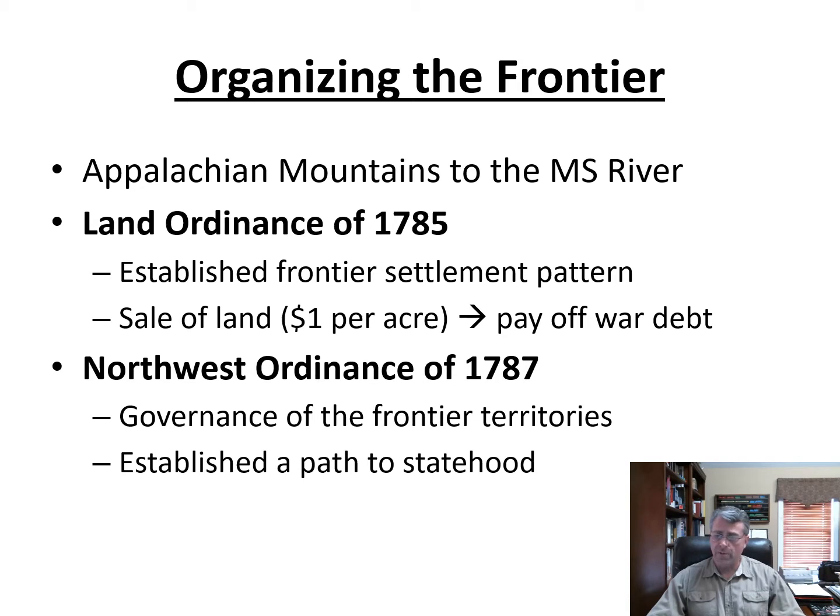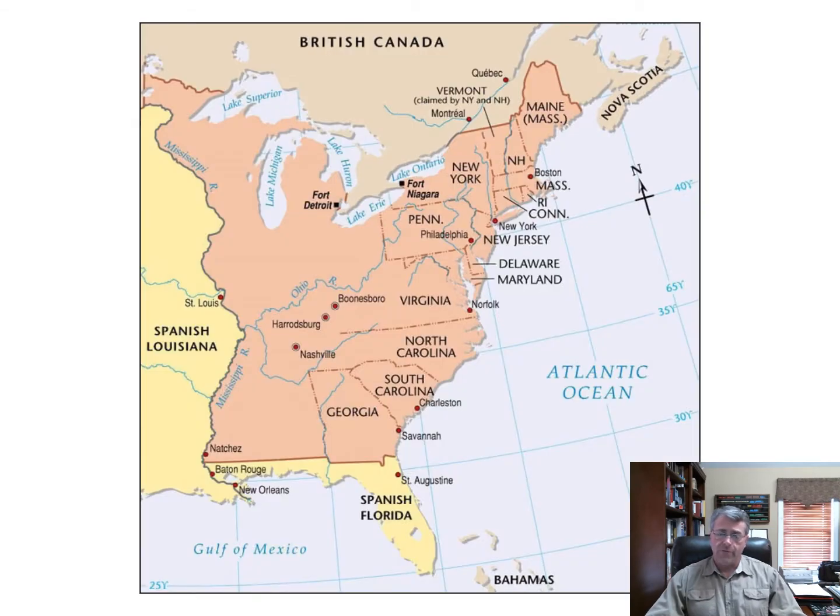To begin with, we should probably refresh our memory on exactly what we're talking about when we talk about the frontier. If you remember, per the Treaty of Paris, 1783, the United States gained all the territory between the Great Lakes and Florida and the Mississippi River and the Atlantic coast. So all of this is now United States territory.